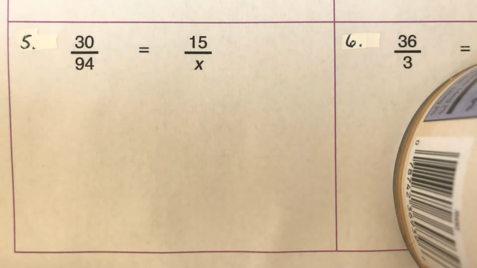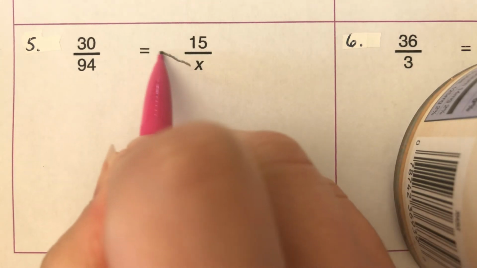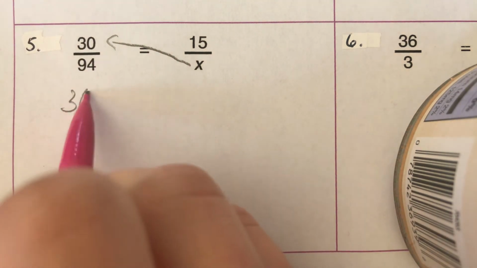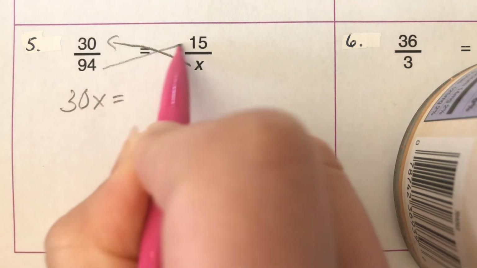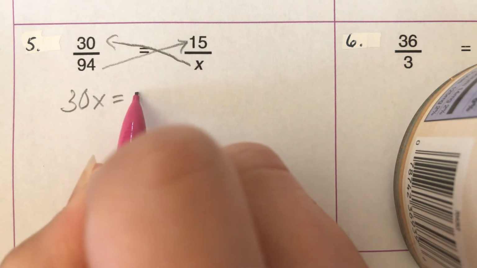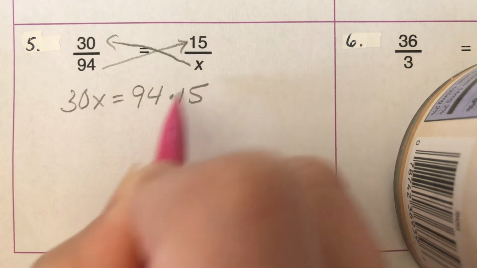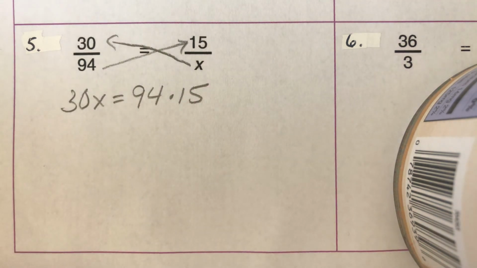Pause your video. Try 5. I'm going to start with my variable. X times 30 is 30x. Crossing the other way, I have 94 times 15. Go to my calculator. I'm going to multiply 94 times 15.